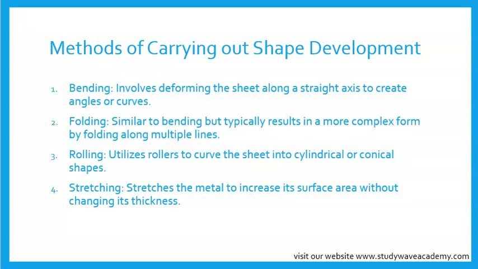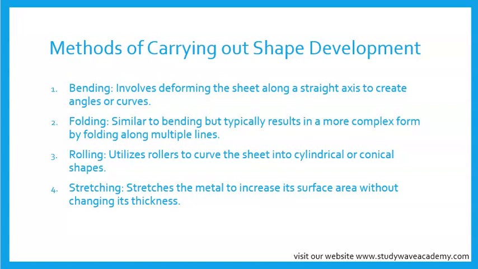Another method of carrying out shape development, rolling, utilizes rollers to curve the sheet into cylindrical or conical shapes. So using rollers to curve sheets into cylinders or cones. Rolling. Then the last method, stretching.